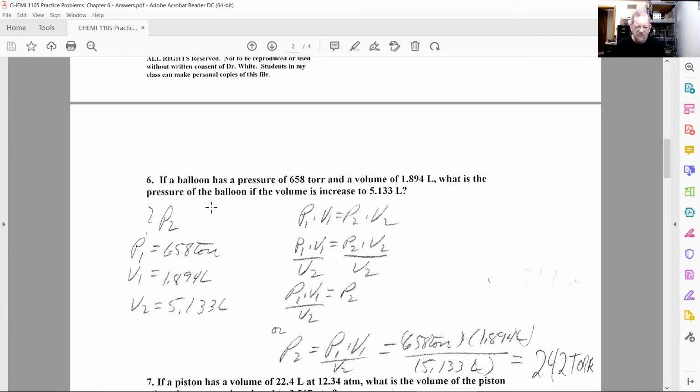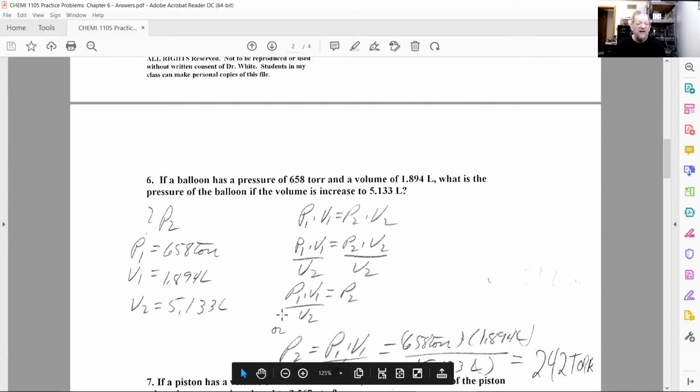The pressure after you make a change, which is the final pressure in this problem, and I'm going to call that P2. And what are we given? The initial pressure, P1, 658 torr. The initial volume, 1.894 liters. Now we're asked, what's the final pressure if the volume is increased to this new volume, 5.133, and that's the final volume.